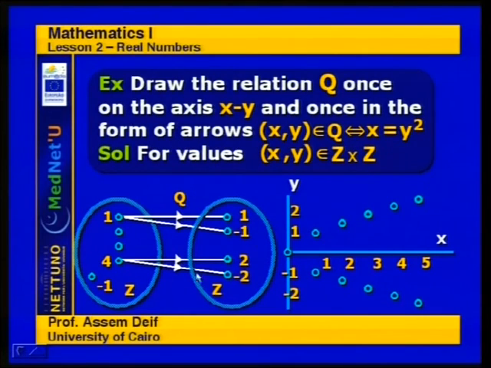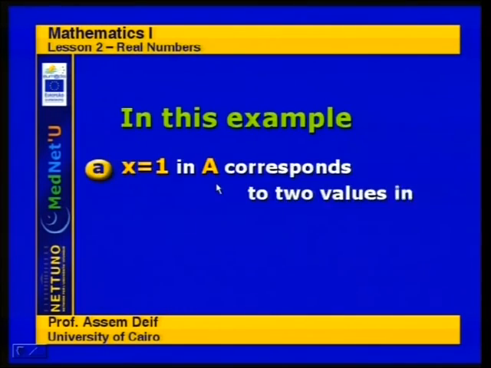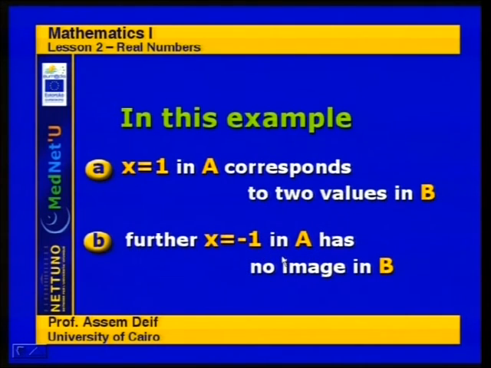So actually here we have two things very special to this relation Q: one value of x in A gives 2 values in B, and there are some values in A for which there is no element in B corresponding to them, because for minus 1 there is no such element in B. So in this example, x equal 1 corresponds to 2 values in B, and x equal to minus 1 has no image in B.